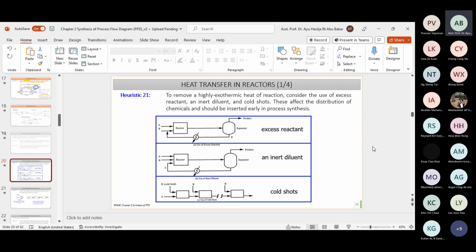Now today I will proceed with the heat transfer heuristics.